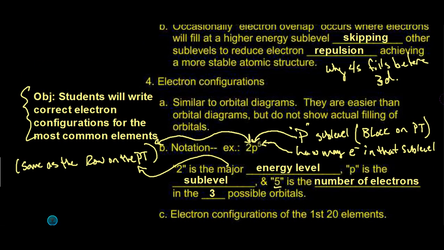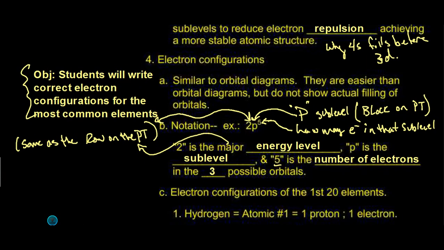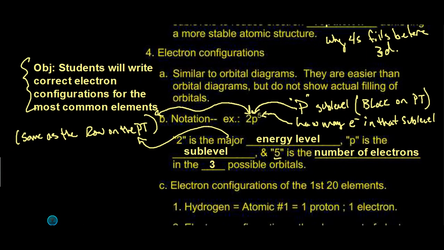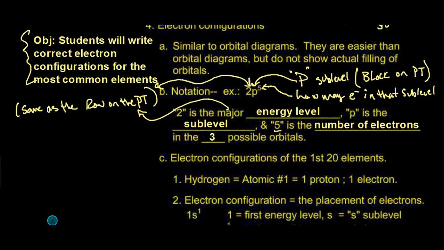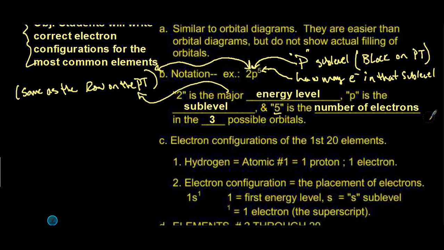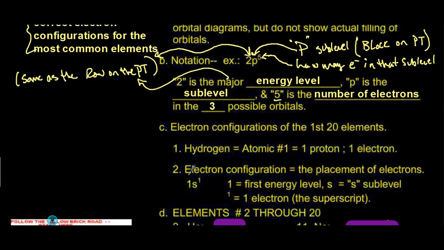So what we're going to work through are the electron configurations for the first 20 elements. Now, hydrogen is atomic number 1. It has 1 proton and 1 electron. Its electron configuration is the placement of the electrons. The first electron goes in the first energy level, first sublevel, and that superscript is how many electrons are in that sublevel.